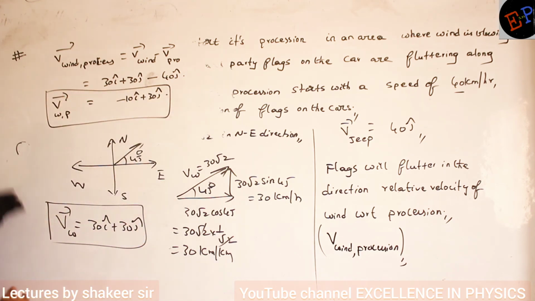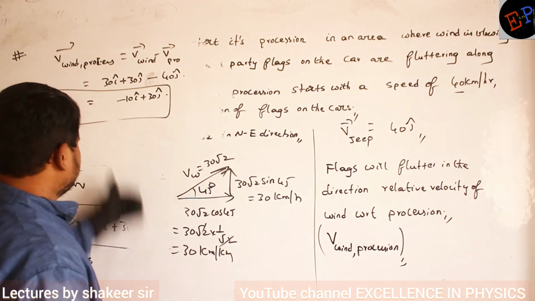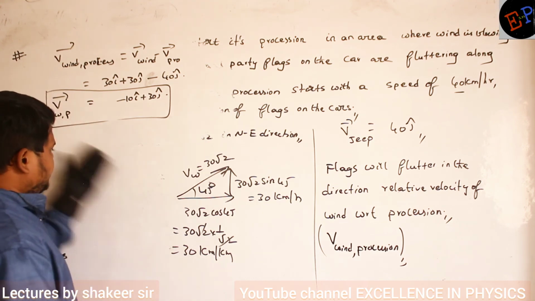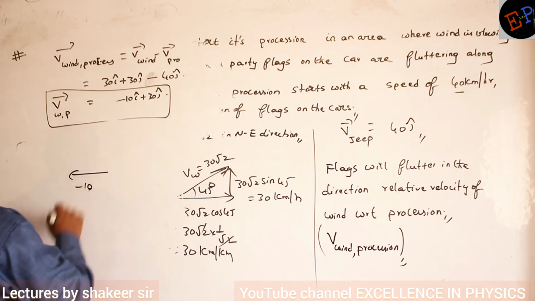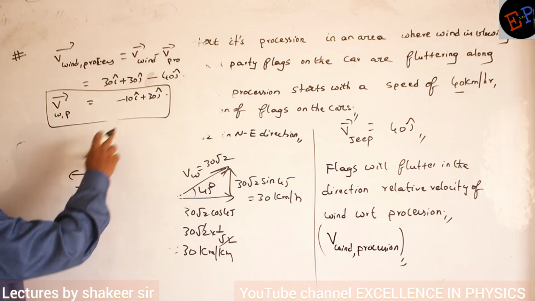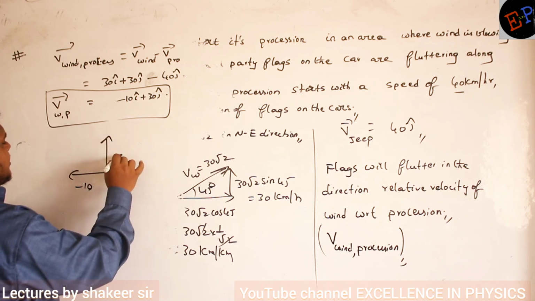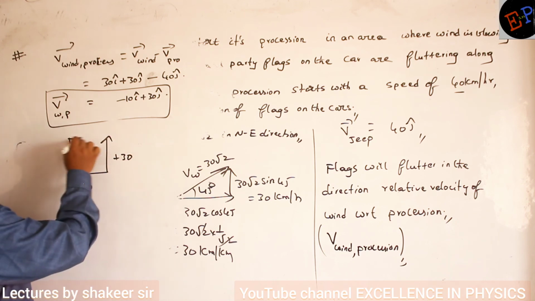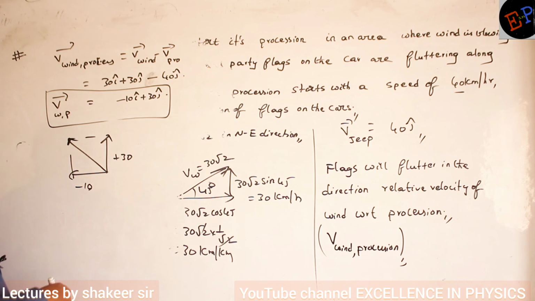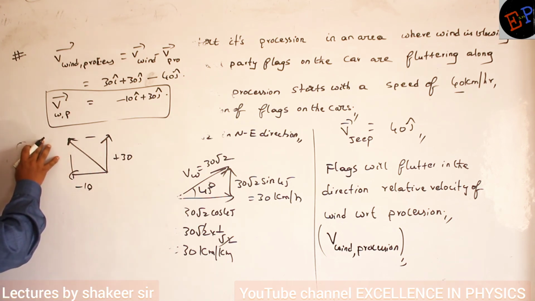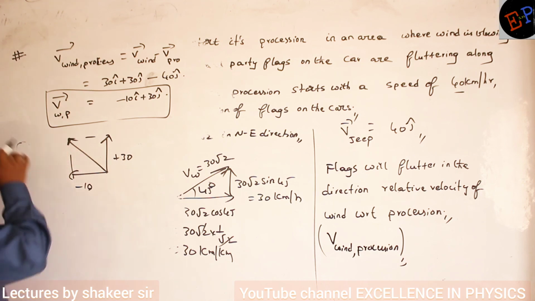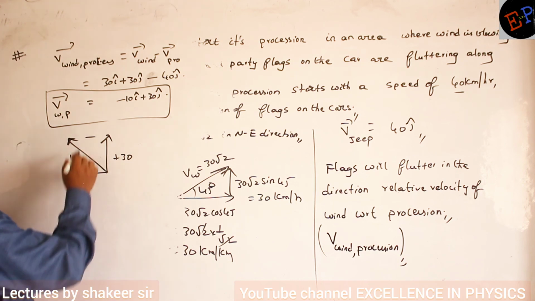Now if you want to find its direction, let us see how I can find it. So minus 10 i cap means this direction. And plus 30 means this is plus 30. So you take the resultant of these two. So this is my resultant now. It means this is the direction in which flags are fluttering. So how can I find this angle? If this is 10, this is 30.